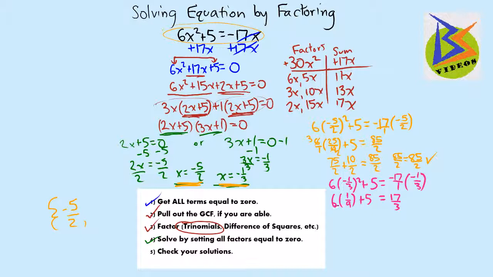So we can put 6 over 1 and reduce this down to 2 and 3. And so we have 2/3 plus 5 equals 17/3. So 5 and 2/3 equals, when we convert 17/3 into a mixed number, we get 5 and 2/3. So again, that one checks out as well.